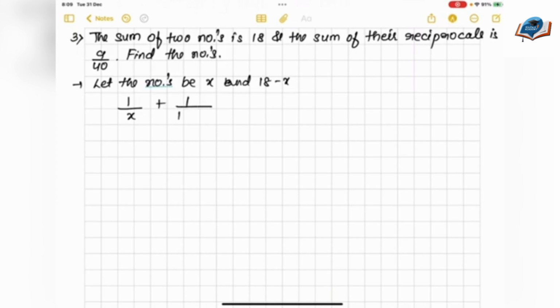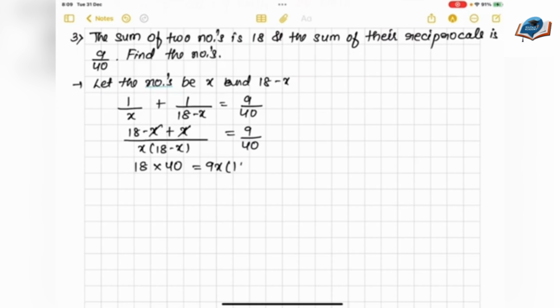So now it is given 1 upon x plus 1 upon 18 minus x equal to 9 by 40. If I do LCM on LHS side, x into 18 minus x. So 18 minus x plus x equal to 9 upon 40. So x cancel. So 18 into 40 equal to 9x into 18 minus x.